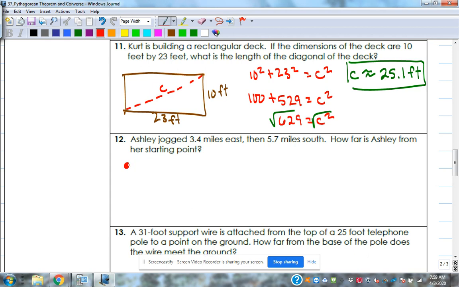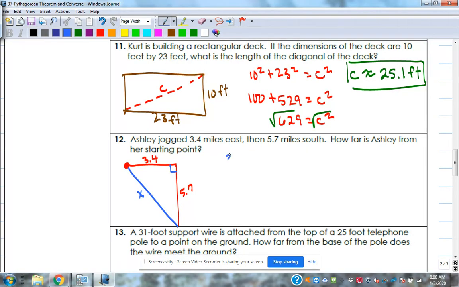East would be to the right, and then 5.7 miles south. They want to know how far she is from her starting point. Again, we have the legs of a right triangle. You turn due east and then go due south from there.